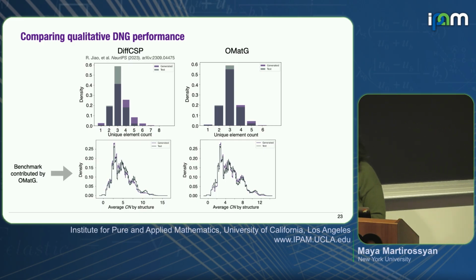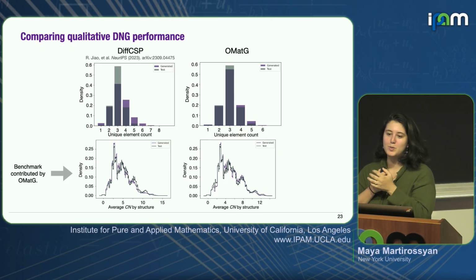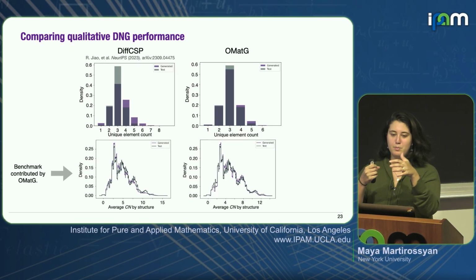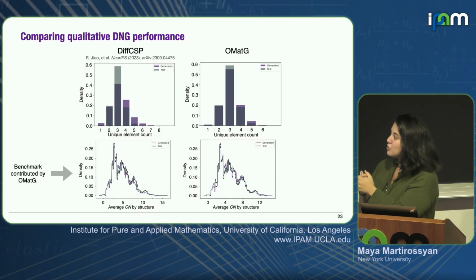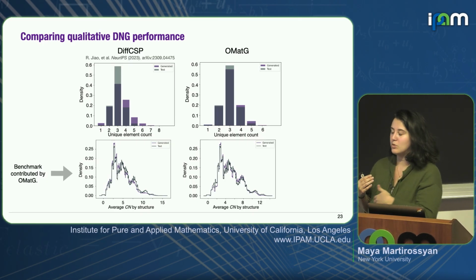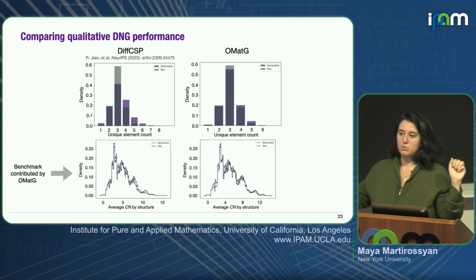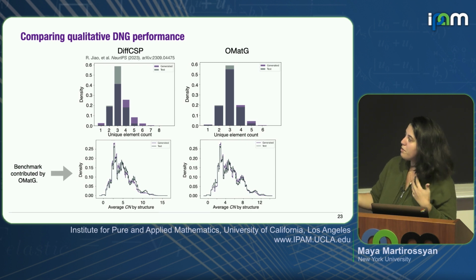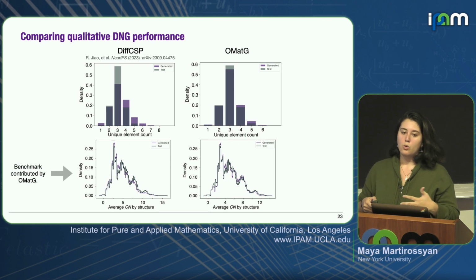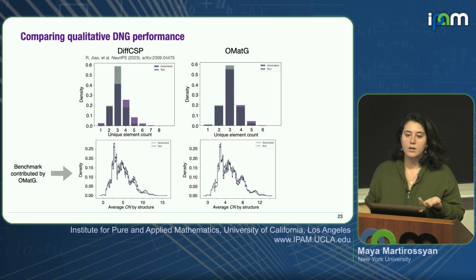A subtle point here is that in training, we can't really train on SUN scores as a benchmark of interest, because it's very expensive to do DFT. So the way that we assess the quality of our models before we go to predict the SUN scores is by looking at a number of benchmarks having to do with the distribution of things that we generate. For example, to ask whether the materials I've generated look realistic, you might ask how many unique elements there are.